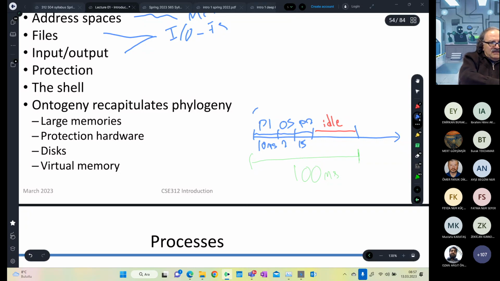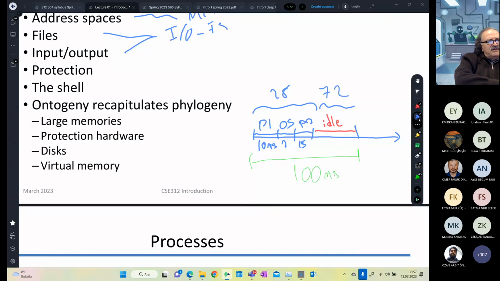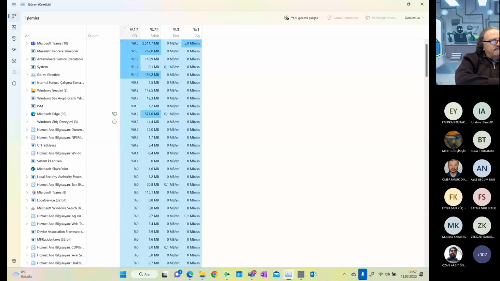This is 28, and the rest of them is 72. Okay, so it is like 72% of the time CPU is idle, 28% of the time CPU is busy. That's the CPU usage. Okay.